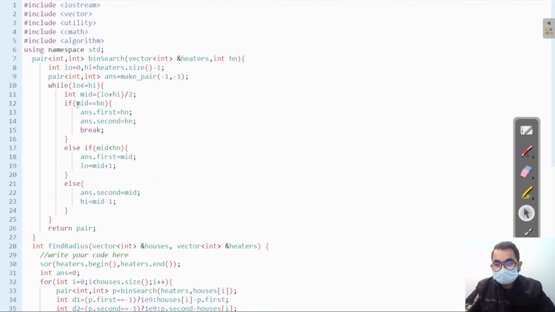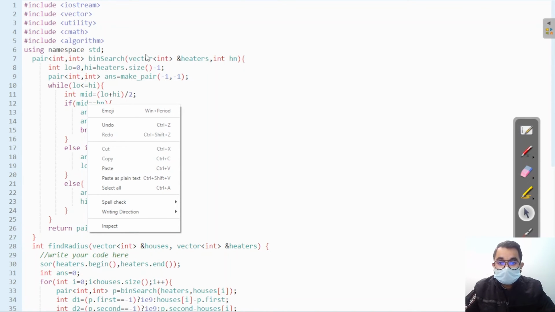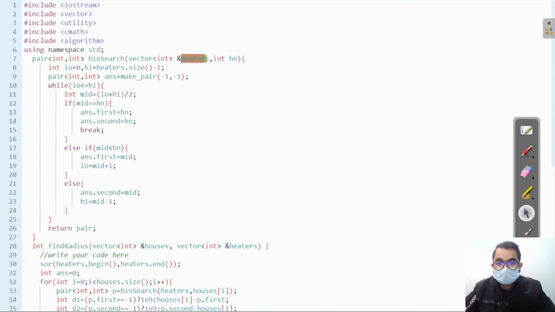So this mid is representing the middle index of the heaters array. It is representing the index, okay, not the position of the heater. So for the position of the heater, I will need to write heaters[mid].